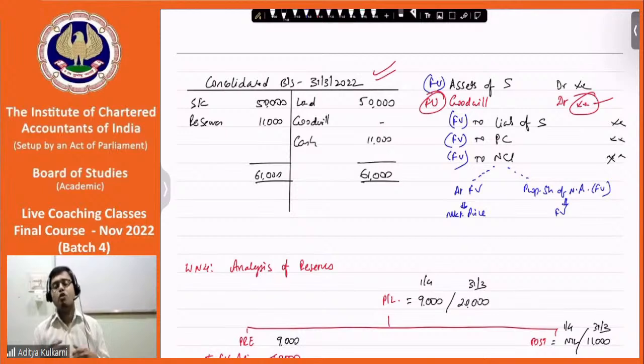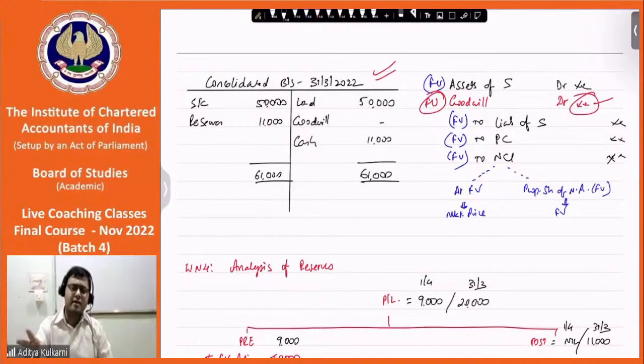If there is a post-acquisition revaluation done by the subsidiary, then that data would be given in the question to you. Normally, for a post-acquisition revaluation, the entry would be asset account debit to revaluation reserve. So the revaluation reserve would again be analyzed between pre and post.